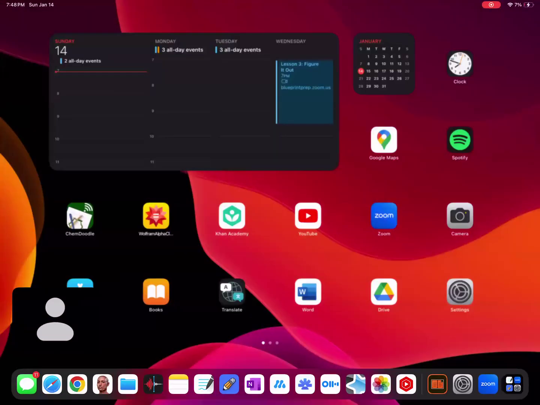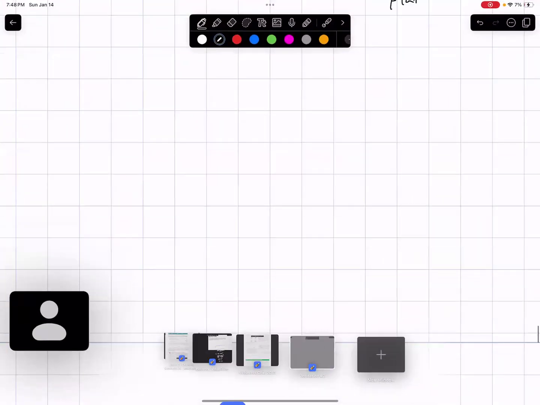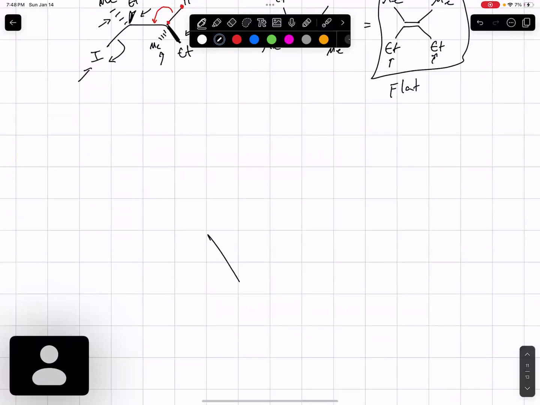Okay, so I'm trying to think of a good example that I've used previously or that I haven't used previously. It doesn't matter. Let's think of anything really.